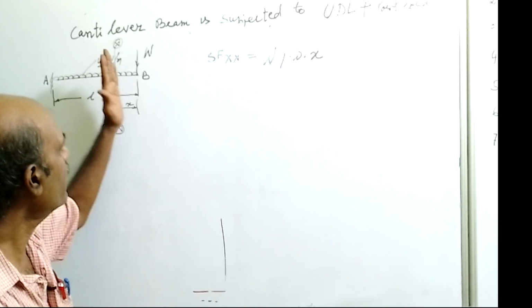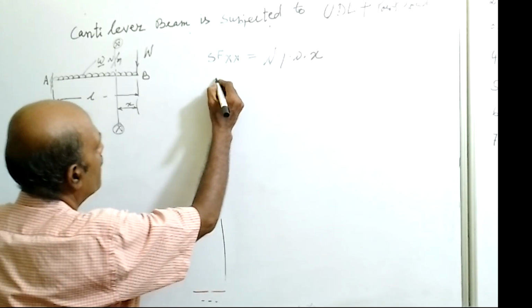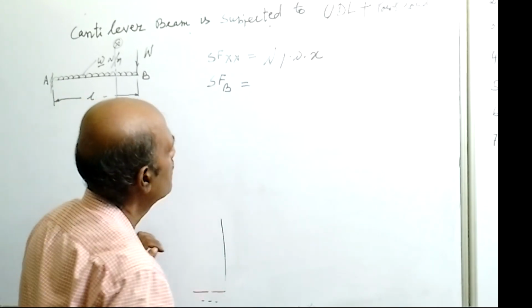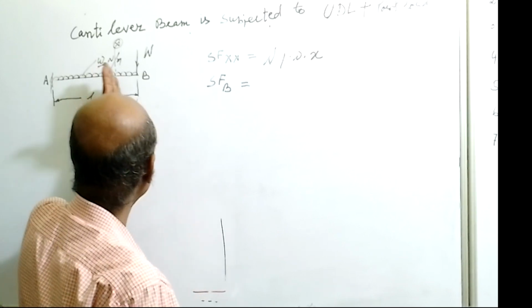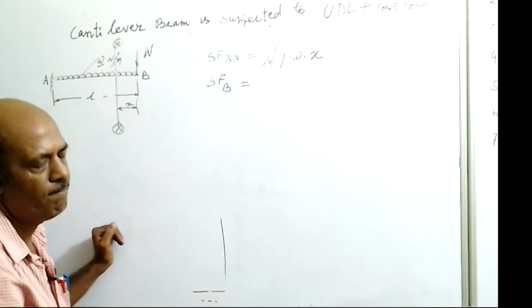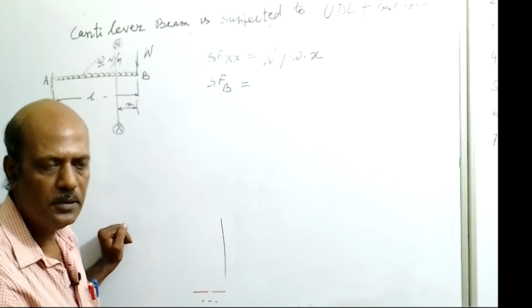Now slide the section to point B, so we will get the shear force at point B. When we slide the section to point B, x value will be 0.